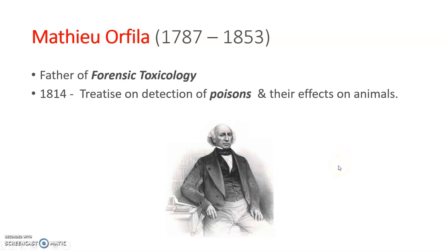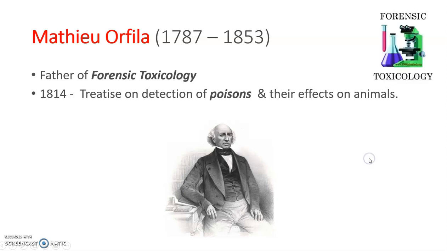So he was the first to start to investigate death based upon poisons. And he basically had to do it by poisoning a lot of animals and seeing how they died, and then seeing if that death matched up to somebody's. So he is the father of this field called toxicology.